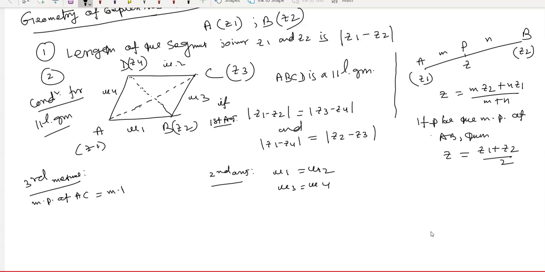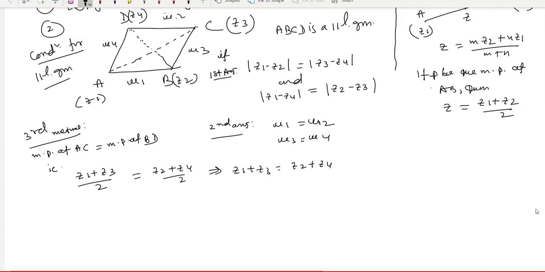Midpoint of AC equals midpoint of BD. The midpoint of AC is (Z1 plus Z3) by 2. Cancel the factor 2 from both sides: Z1 plus Z3 equals Z2 plus Z4.